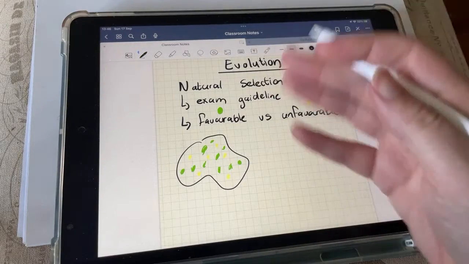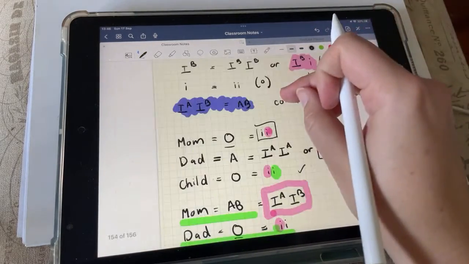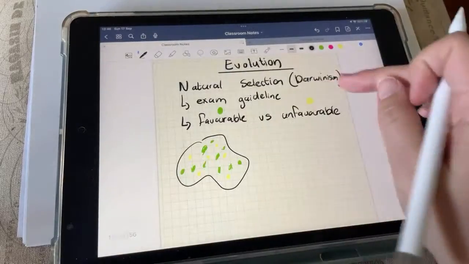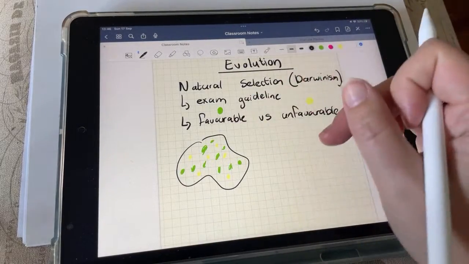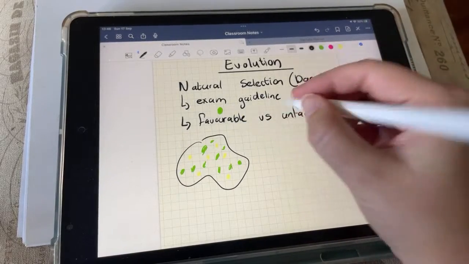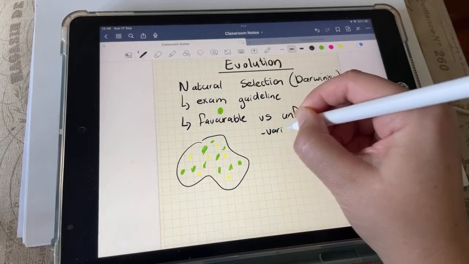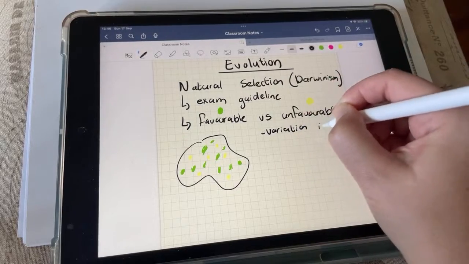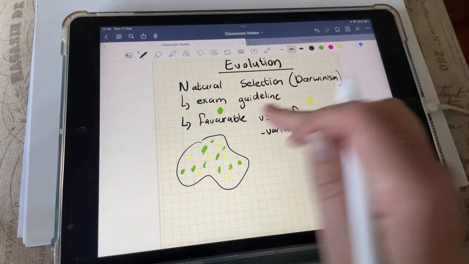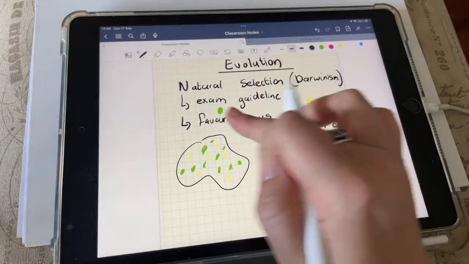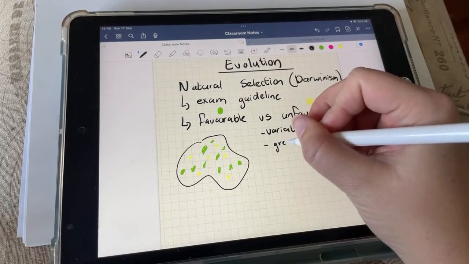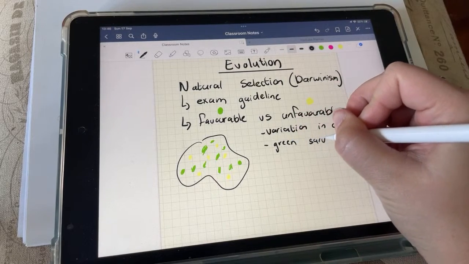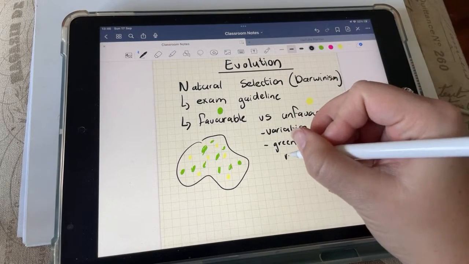And so going with this explanation from the guideline, what you need to do is substitute these facts in. So first of all, you'll say there is variation in color, which there is. And you're going to say some are favorable, the green are favorable, the yellow are unfavorable. If you are green, you're going to survive, you're going to reproduce.